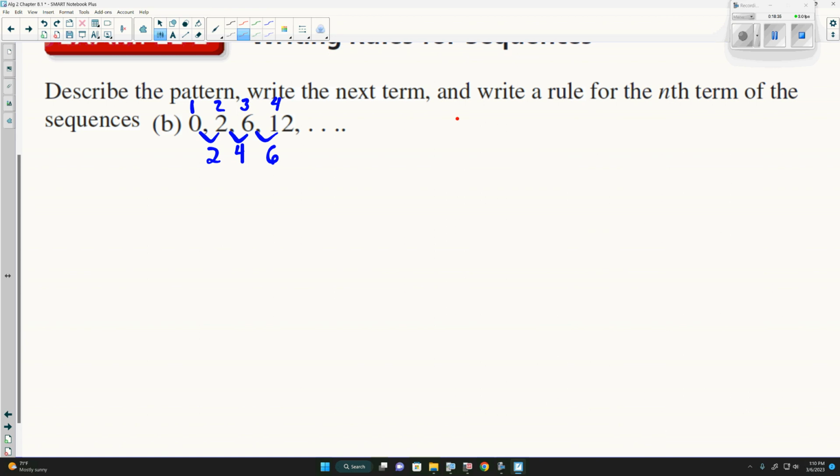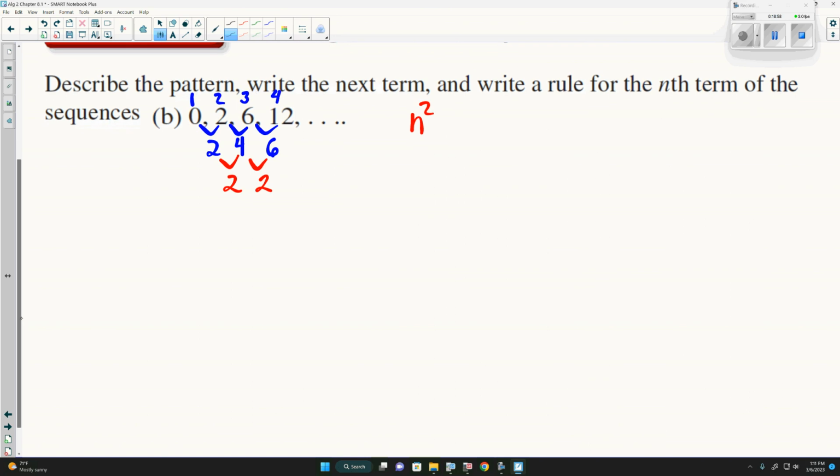And when I say linear, I mean something like 2 times a number, where we have n, our variable, to the first power. It's not going to be linear. Now we can look at its difference. The difference between 2 and 4 is 2, and 4 and 6 is 2. So what that means is that we have some type of quadratic, some type of n squared is most likely going to occur.